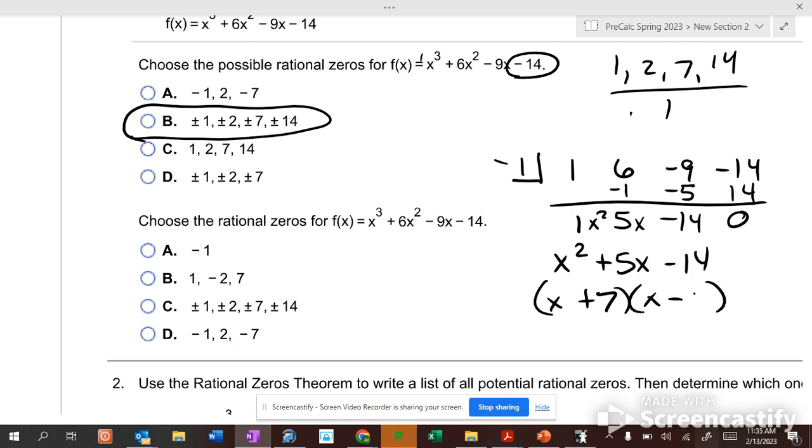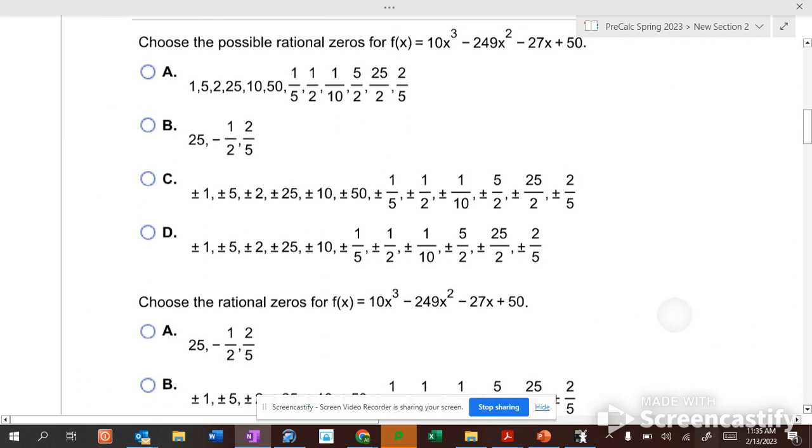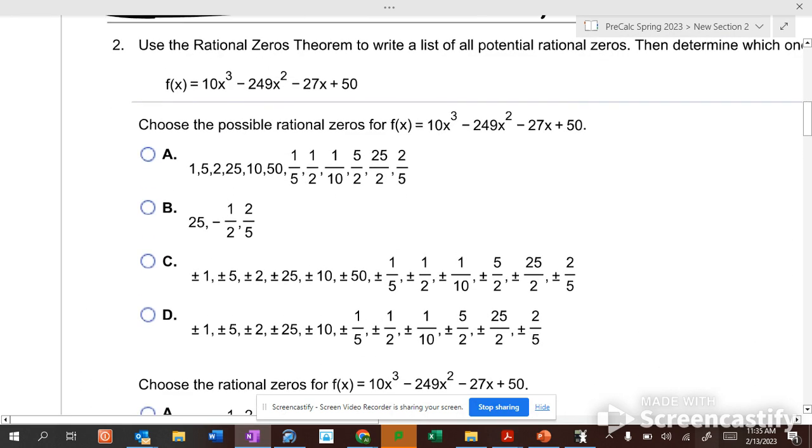So then 7 times 2 is 14, and that goes with the minus. So our roots are negative 7, positive 2, and negative 1, which is that one. Okay? Rational roots theorem to help us solve equations.